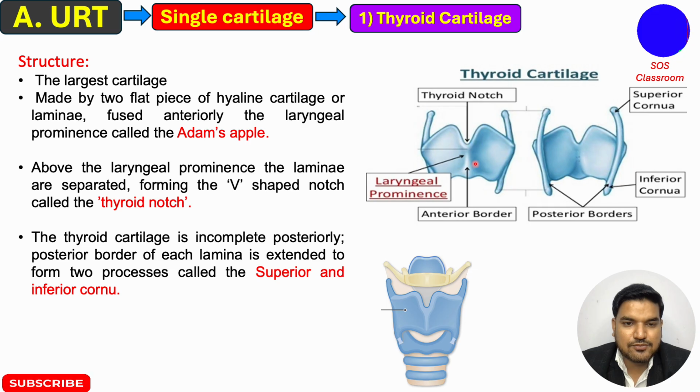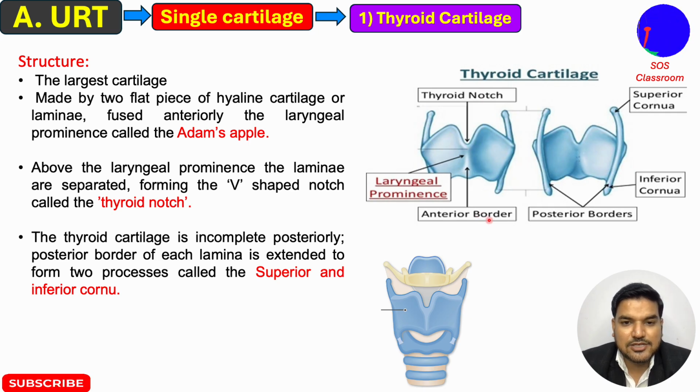Anteriorly, the prominence is called the laryngeal prominence or Adam's apple, and superiorly the V shape is the thyroid notch. Posteriorly, it is not complete, and there are 2 projections, one and another, called the cornua: the inferior cornua and the superior cornua. This is the posterior part and this is the anterior portion.